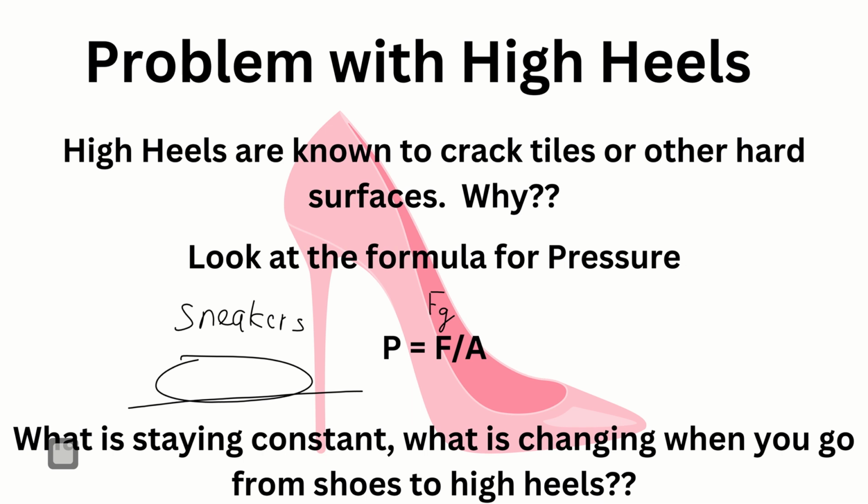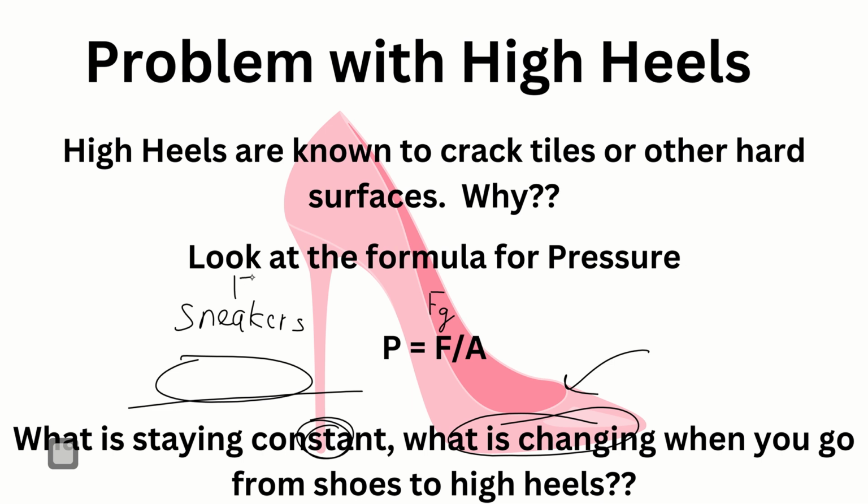If they're in their high heel, I'm not going to even try to do a high heel, I'm going to circle this part down here. Yes, they're applying a force over here as well, but the weight is still pushing down through the high heel.